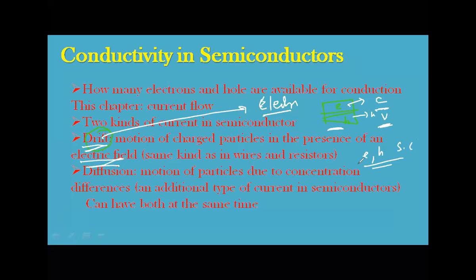They are pushed to go faster, and that reduces the resistance in the semiconductor. So now we understand drift is nothing but applying the electric field to push the charge carriers and to increase the conductivity.